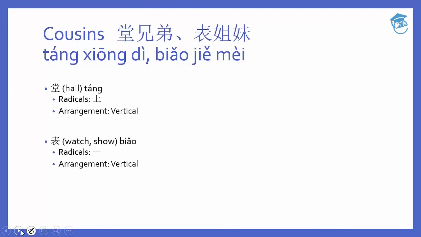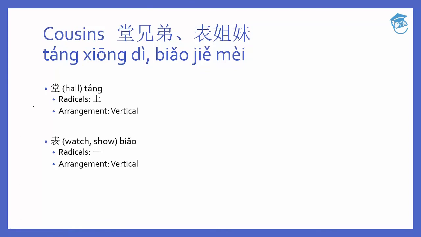Finally, let's look at how to say cousins. Okay, so for cousins, it depends whether the cousins share the same family name as you. If they do, we call it 堂兄弟姐妹. If not, we call them 表兄弟姐妹.